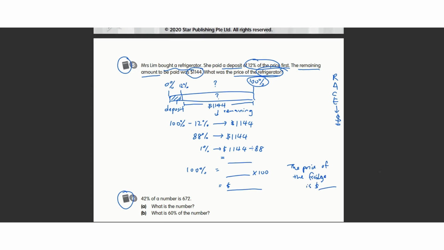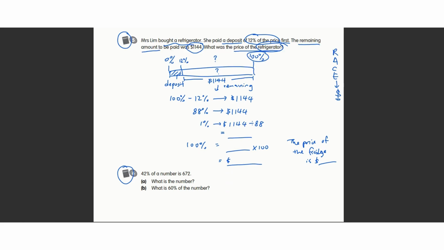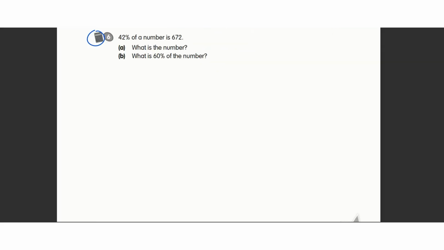Okay, let's move on to the next question. Same concept can be used, same skills can be used. So let's read the question carefully. It says 42% of a number is 672. So you have 42% of a number. So actually, what is given here is a part of a number.